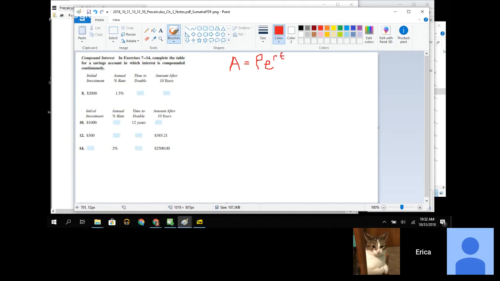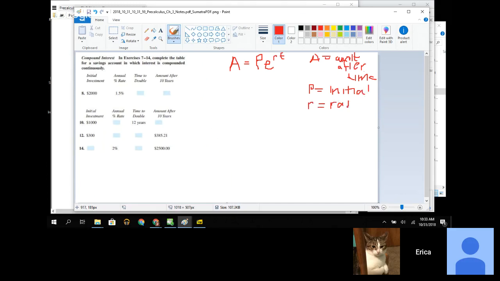Okay, so A stands for the amount that you have after some time, right? Amount after time, if you can even read that. Okay, P is the principal or the initial amount. Okay, R is the rate.